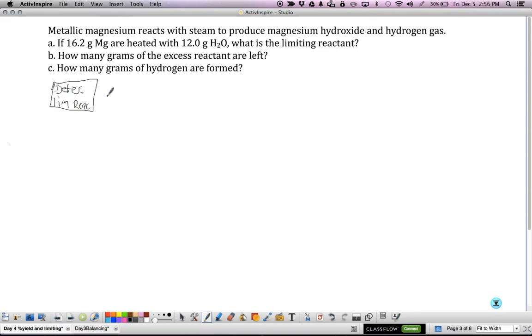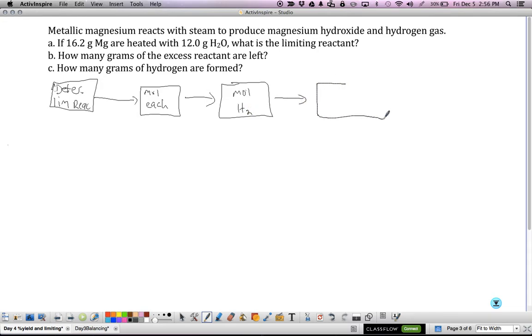And in order to do that, we're going to be finding moles of each, then converting that to moles H2, and finally we'll go to grams H2. Okay?